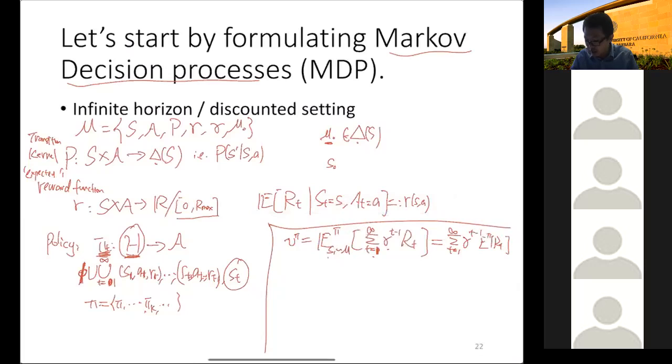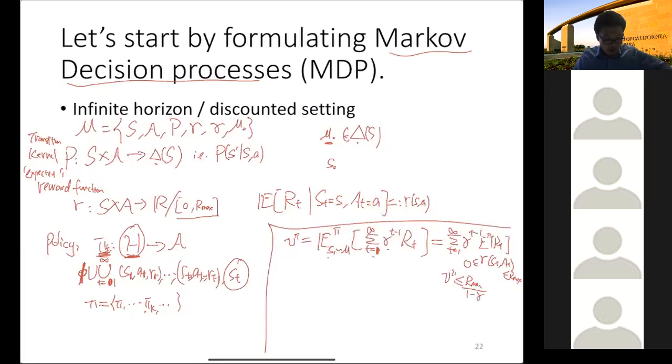Since the expected value of r_t is equal to R of s_t and a_t, it is bounded between 0 and R max. Therefore, by the geometric series, we know that the value of this policy is always smaller than R max over 1 minus gamma.